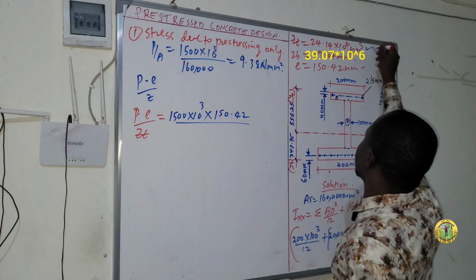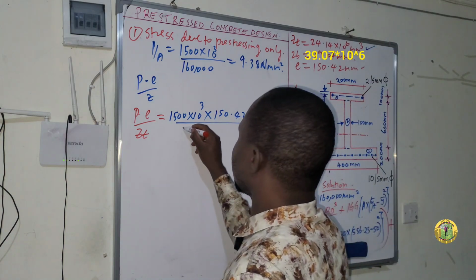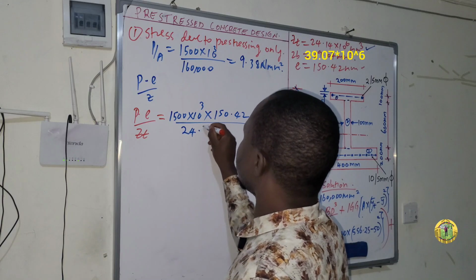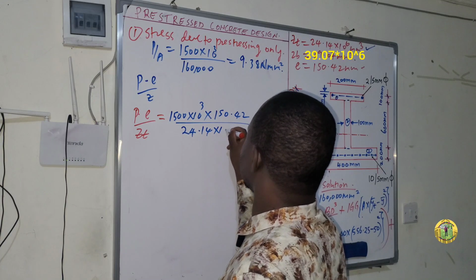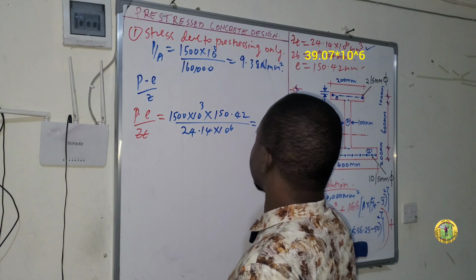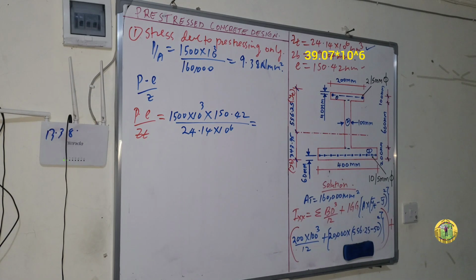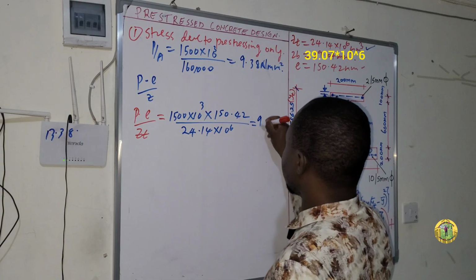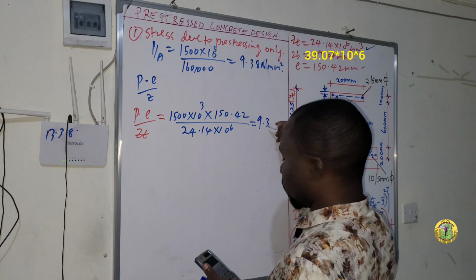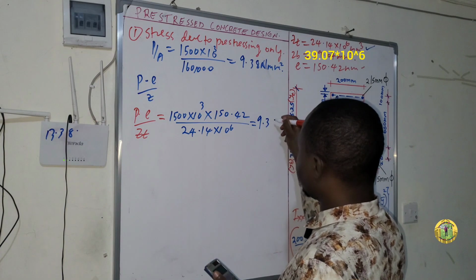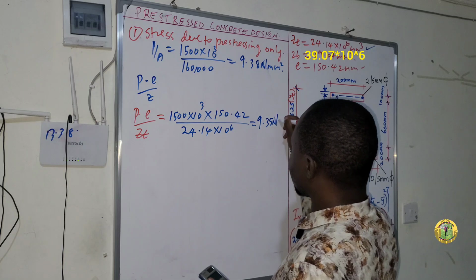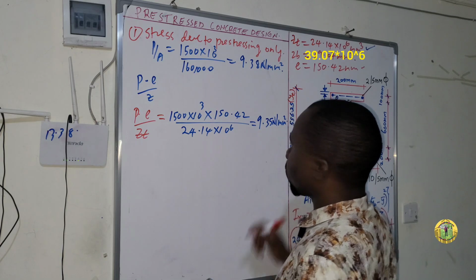Z top is here 24.14 times 10 to power of 6. So the answer is equal to 9.35 Newton per millimeter square.